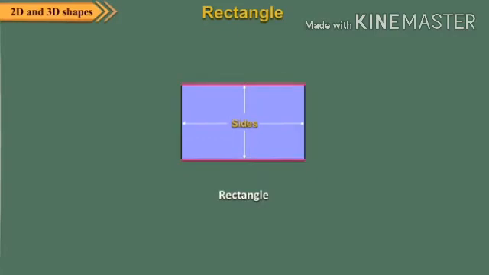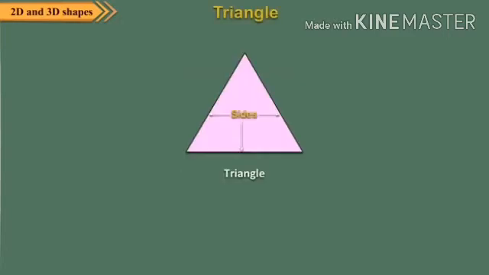The opposite sides of a rectangle are equal. It has 4 vertices. Triangle. A triangle has 3 sides. It has 3 vertices or corners.